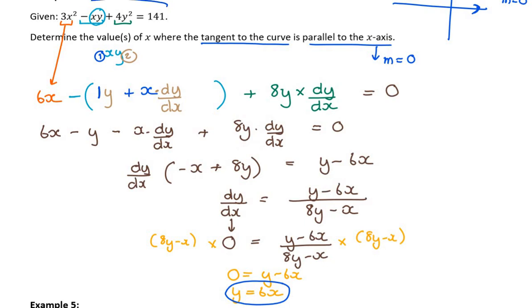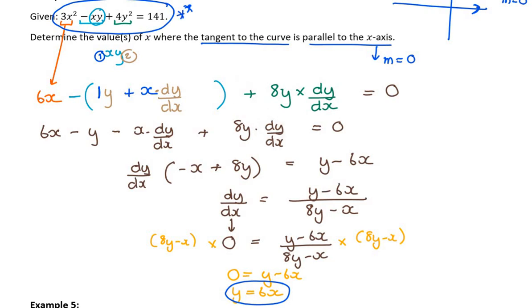On the other hand, this equation of the original function has to still be satisfied. And so this now becomes a simultaneous equation, because on the one hand y has to equal 6x for this to happen, and on the other hand this top relationship between y and x still has to hold.